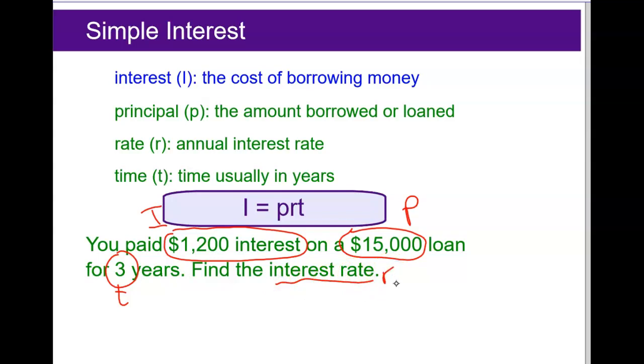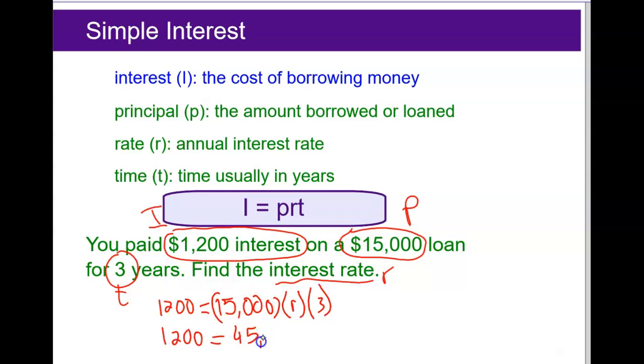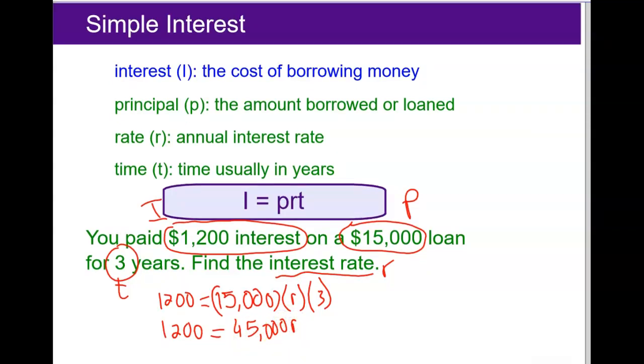So I can use my formula. Interest is equal to principal times rate times time. 1,200 is equal to 15,000 times the rate, which I don't know, times the time, which is 3. I'm just going to simplify this: 15,000 times 3 is 45,000 times the rate.